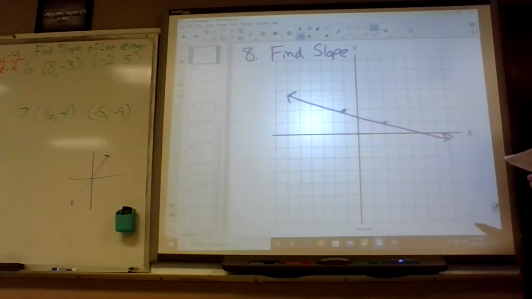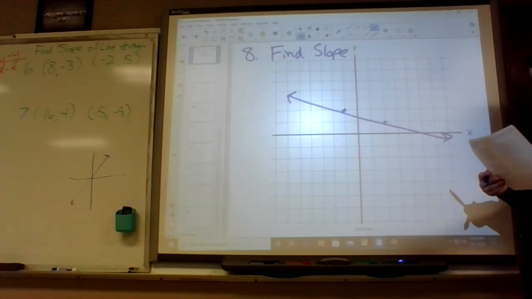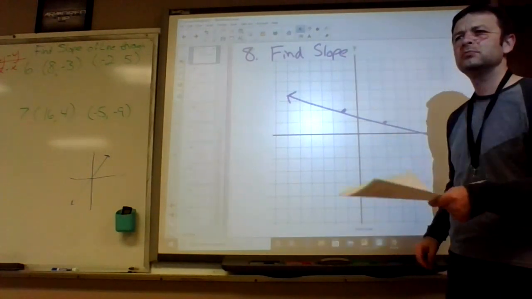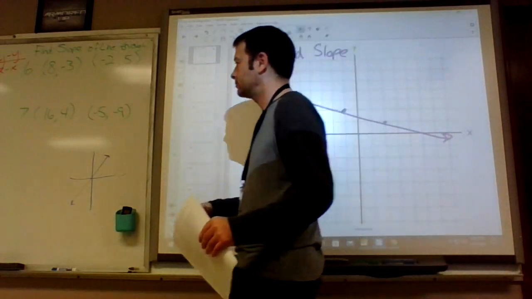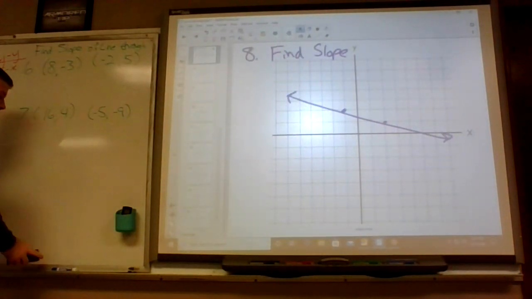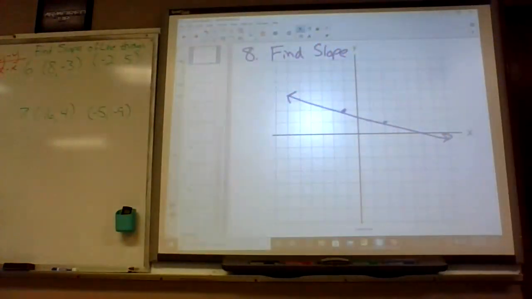Down over 3. 1 over 3. No, it's 1 over 4. 1, 2, 3. There's 3. Yep. In algebra 1, if you're counting, the one where you start, you don't count. You count the ones after where you start, so 1, 2. Oh, okay. So it's negative 1.